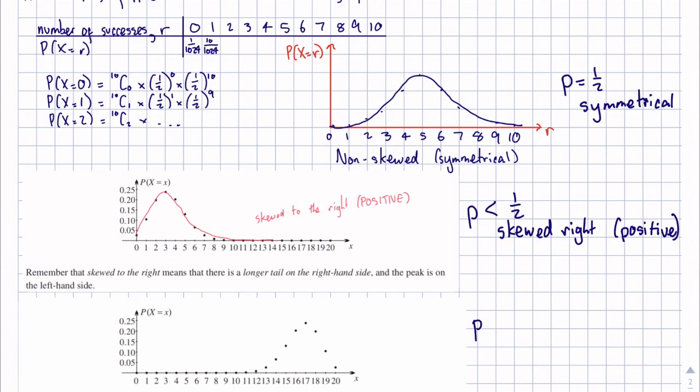And when p is greater than a half, you get skewed to the left, which is negative. Okay, that's it.